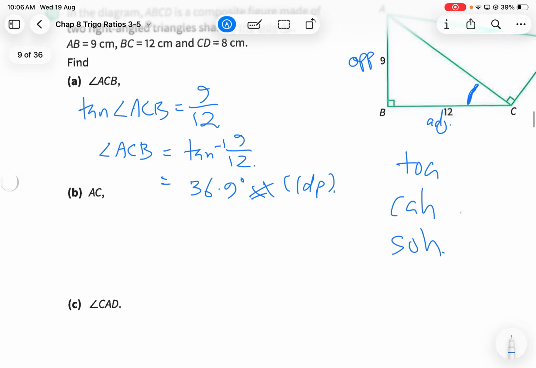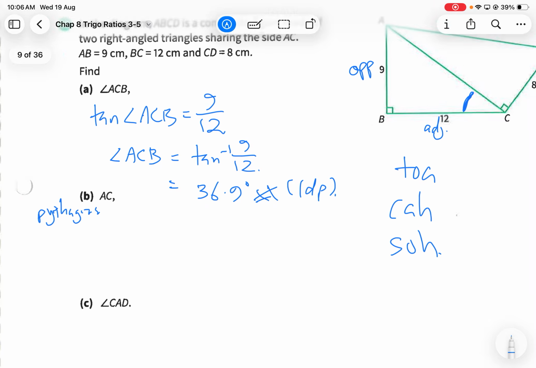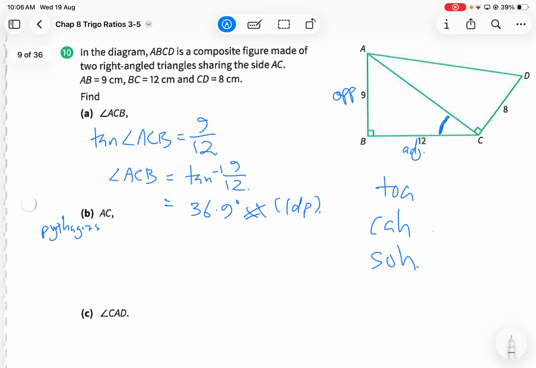Pythagoras theorem. The longest side is AC. So AC, the longest side, squared, is equal to the two shorter sides squared and added together. I don't want it squared, so I need to square root both sides.